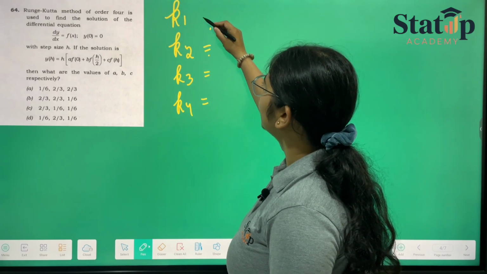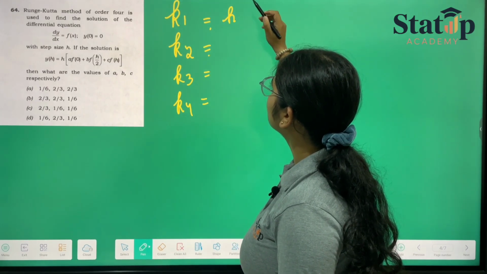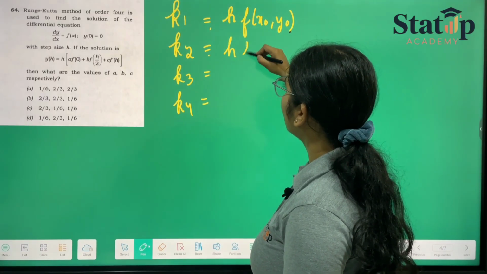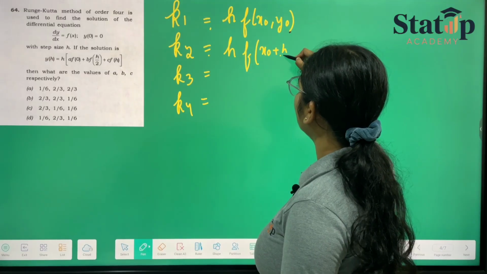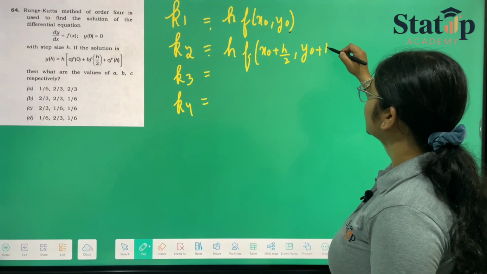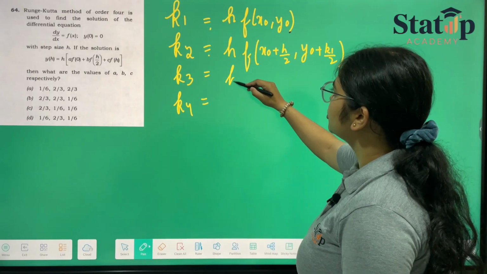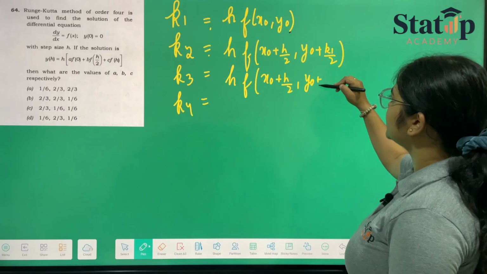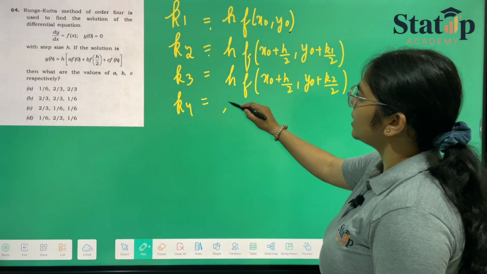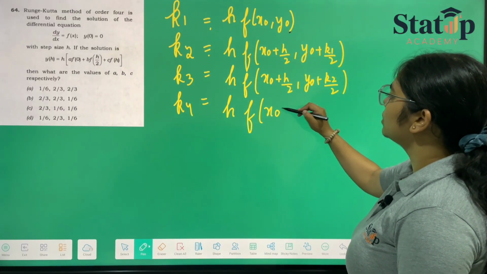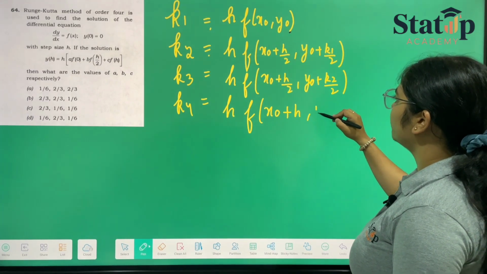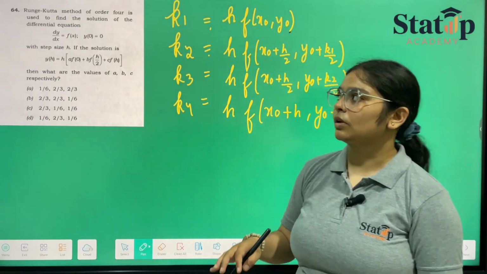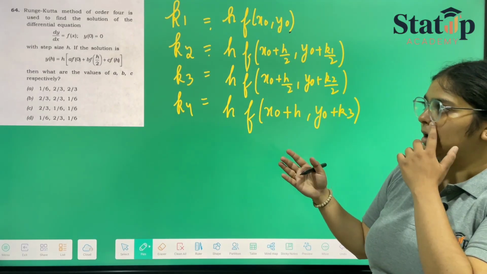They will be taken as k1 = h f(x0, y0), k2 = h f(x0 + h/2, y0 + k1/2), k3 = h f(x0 + h/2, y0 + k2/2), and k4 = h f(x0 + h, y0 + k3). Okay, so from these four variables we'll be deriving our terms.